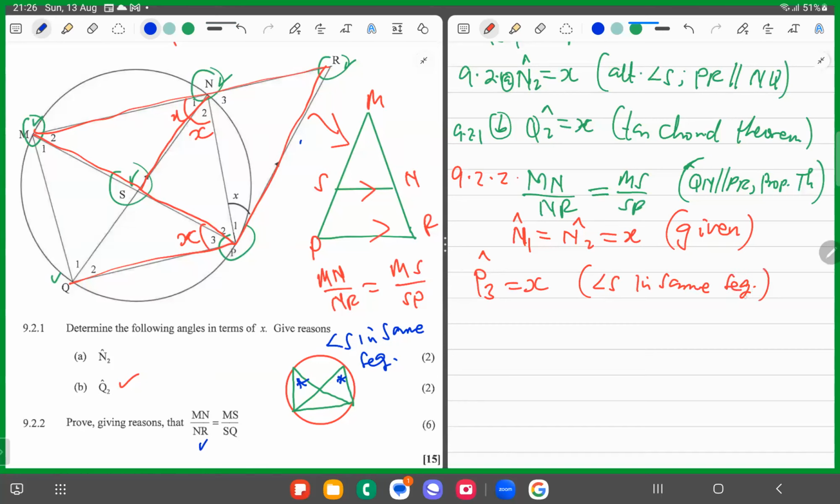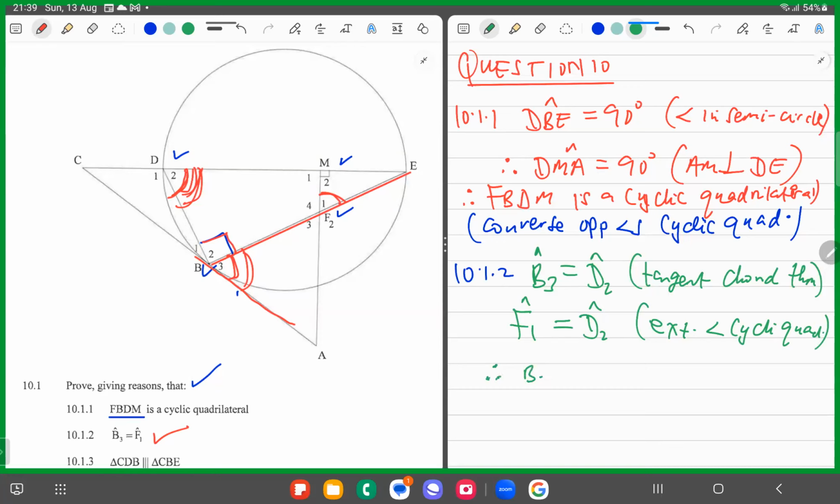Therefore, because now you have that both angles are equal to D2, angle B3 is equal to angle F1.